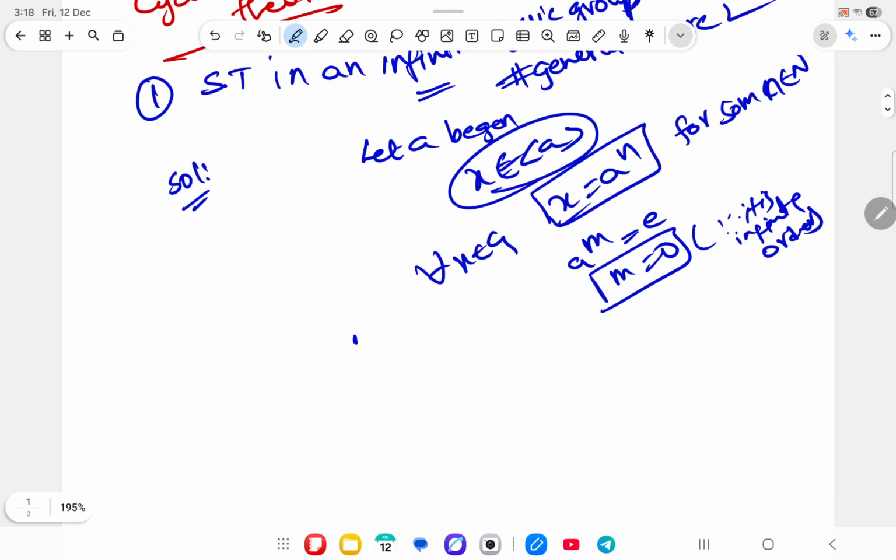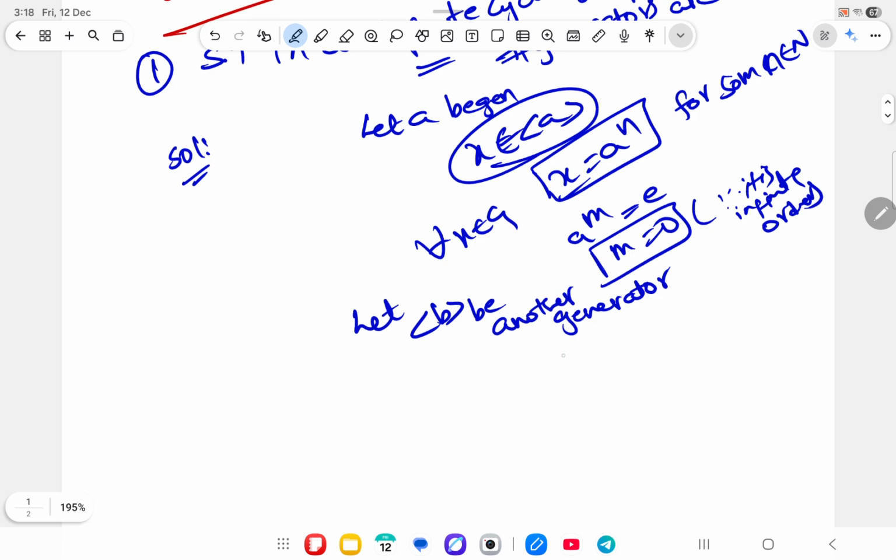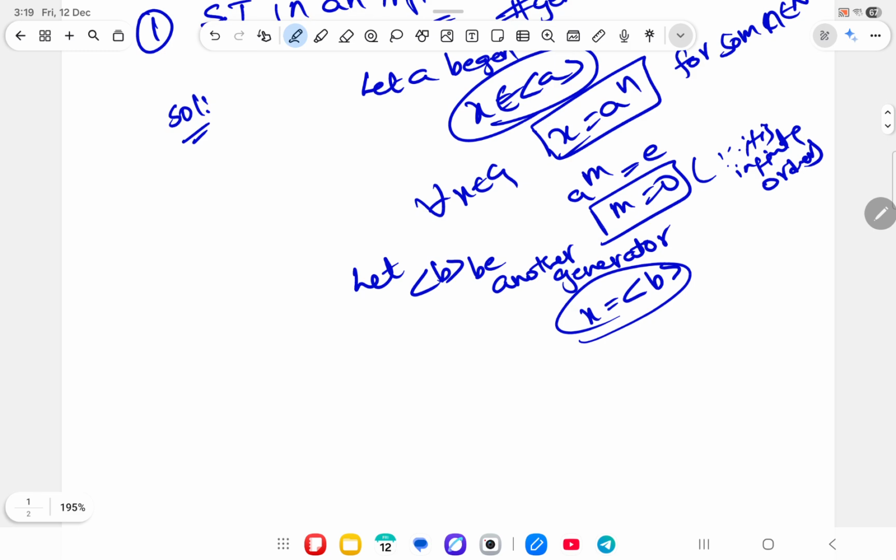Now let b be another generator. Okay. Now b will be of the form a power some m, right?